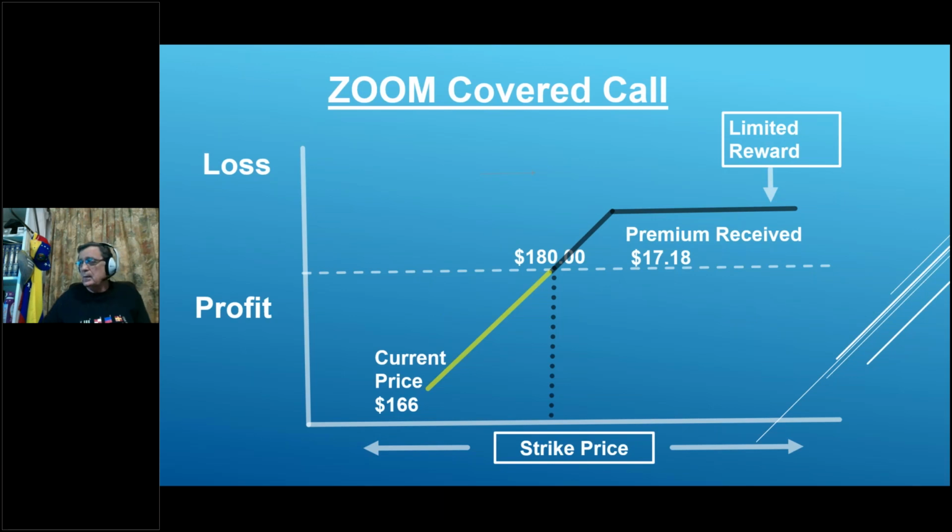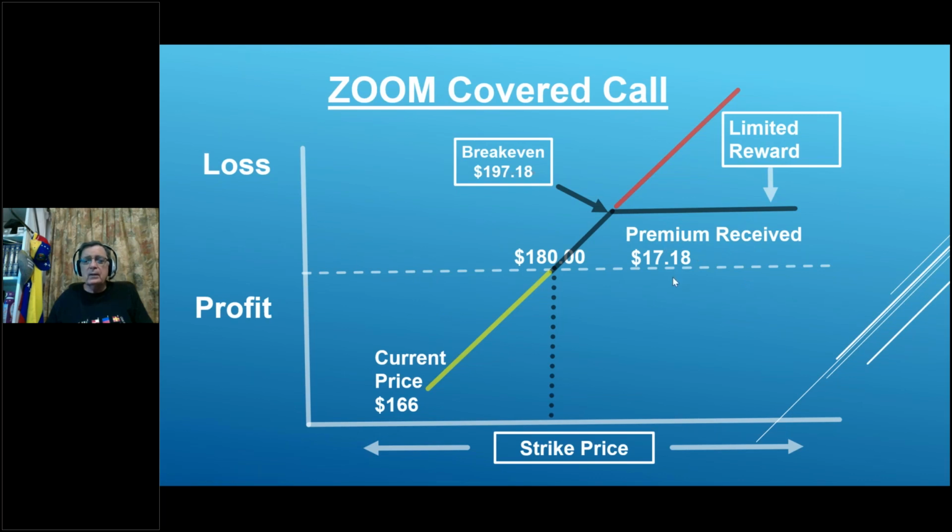That's cool. So this next line says, well, what happens if it goes past it? My break even, what am I going to get? If it hits 180, I'm going to get paid $197.18. How's that? It's the $17.18 that you see over here.